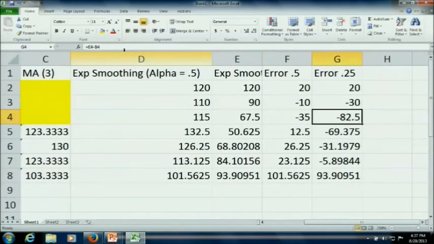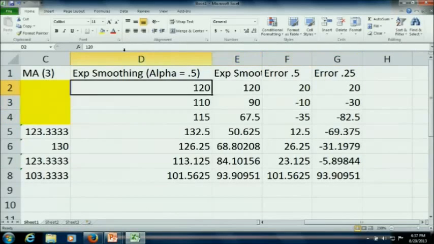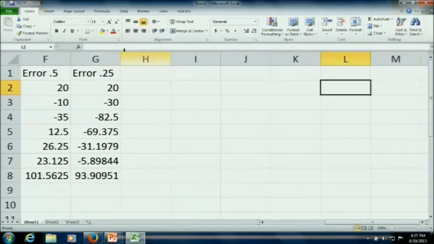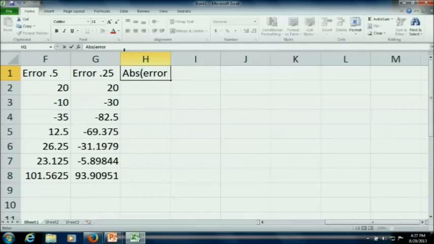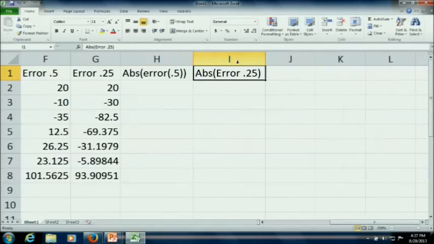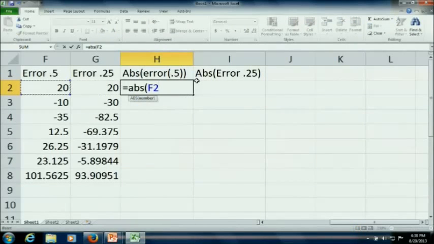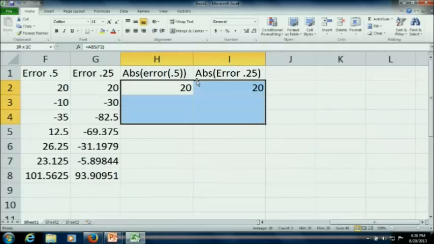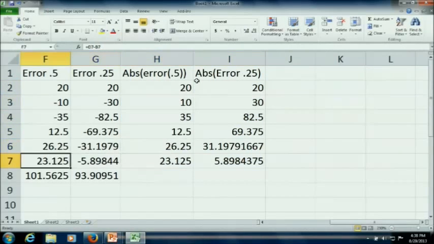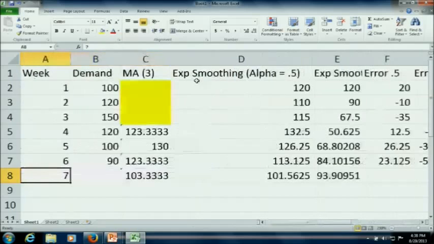So you can compute the difference between the forecast and actual, how far off you are, right? And you can take the absolute value of that. And obviously we don't know the error for that last period because that's our forecast.